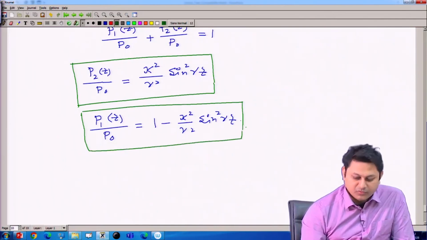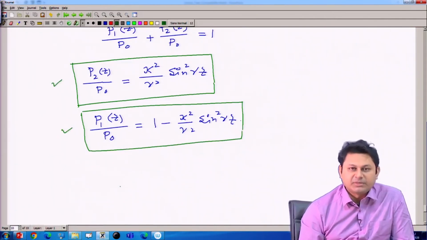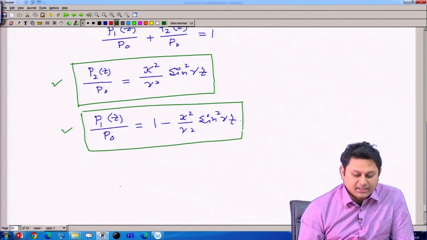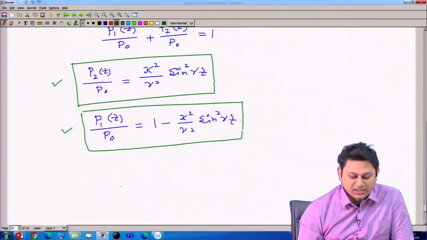In most books you will find these two equations without much derivation, but in this particular course I want to cover the entire coupled mode theory in detail, so that you understand how someone can arrive at these two equations.